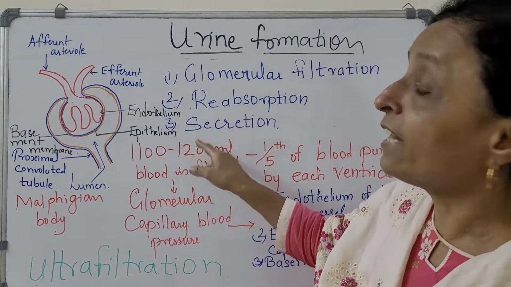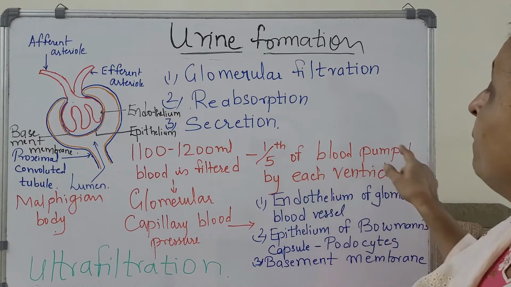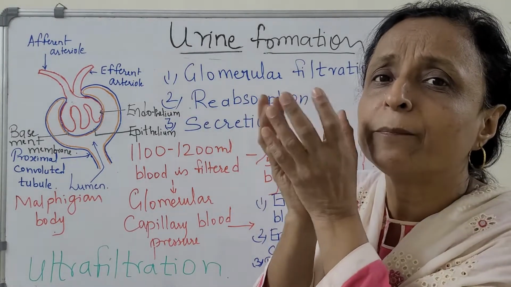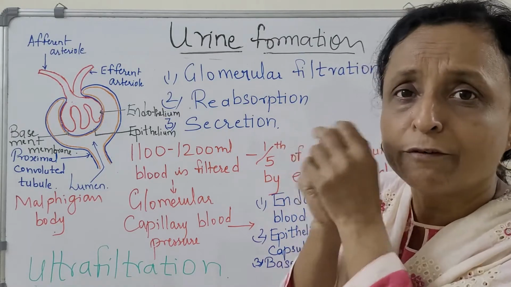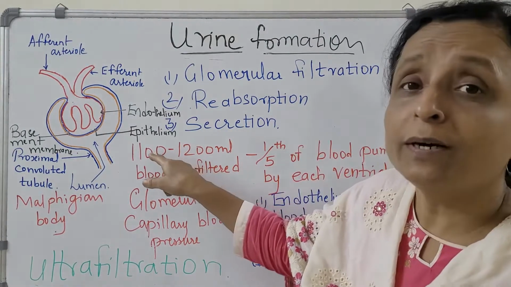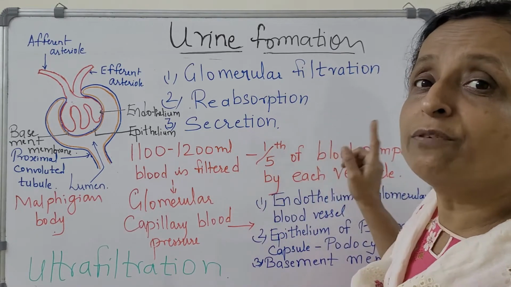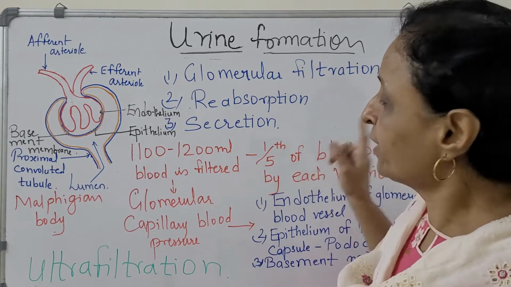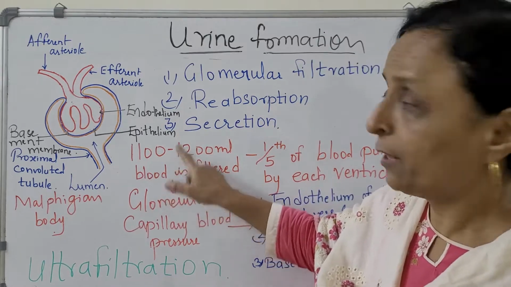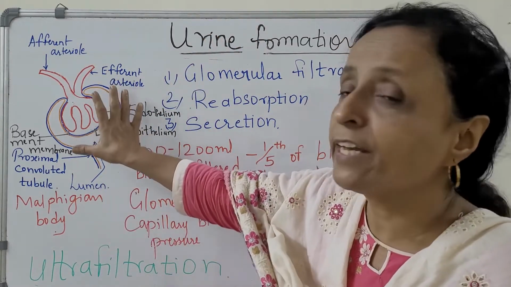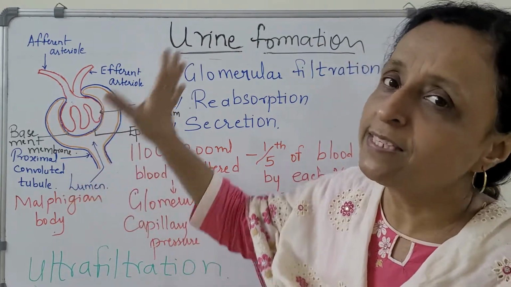So it is 1/5 of the blood pumped by each ventricle. The ventricle of the heart pumps around 5 liters. So it is 1/5 of the blood pumped by the ventricles of the heart which is filtered. So this is the ultrafiltration which takes place in the Bowman's capsule.